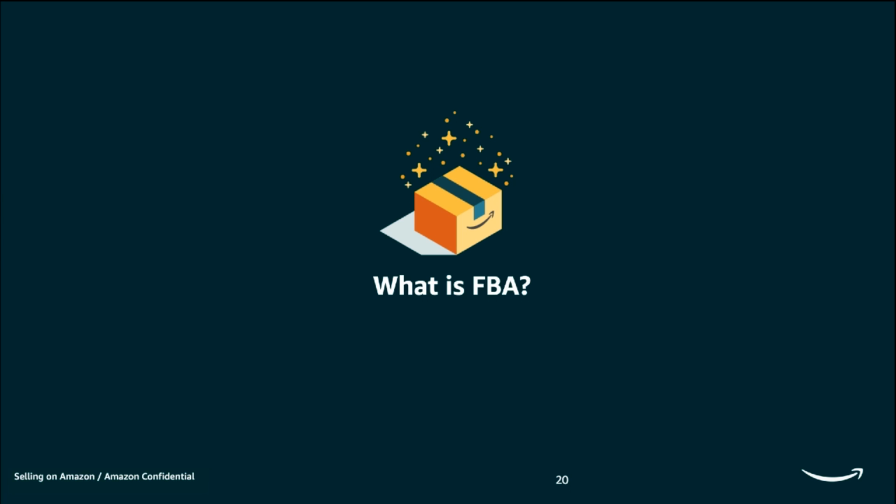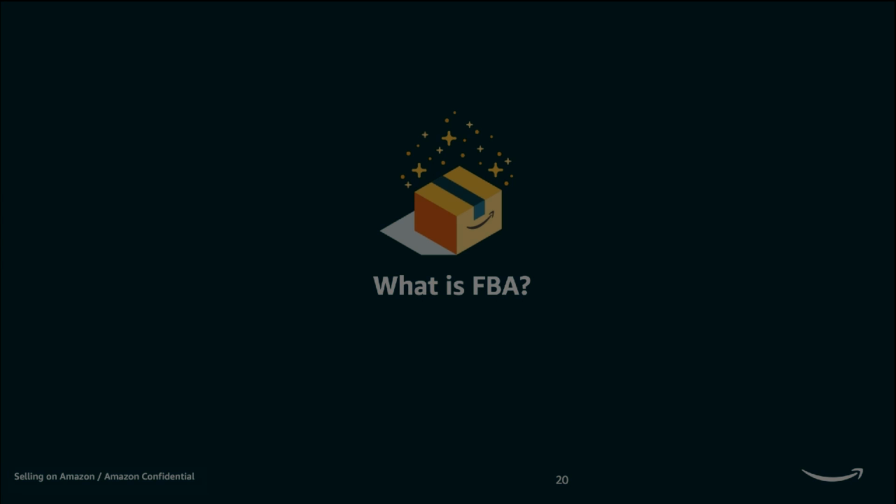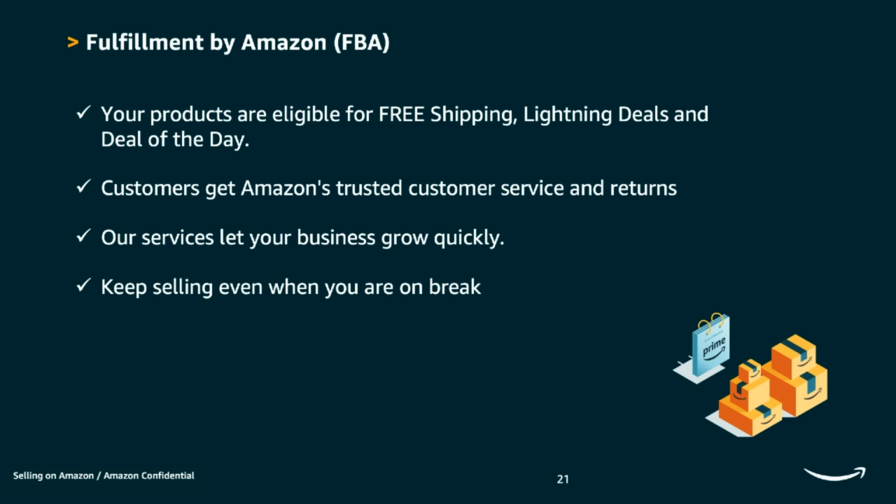Next is, what is FBA? As discussed a while ago, in FBA, Amazon takes care of the warehousing of your inventory. We take care of the packaging, fulfilling, and delivering orders to the buyer. So there are a lot of advantages that you can get in FBA. Number one is your products will be eligible for free shipping and for lightning deals and deal of the day.